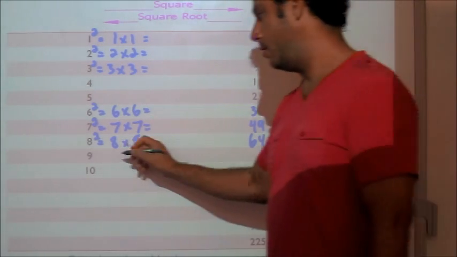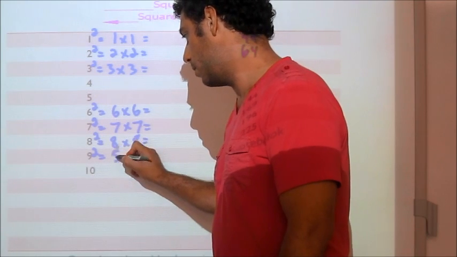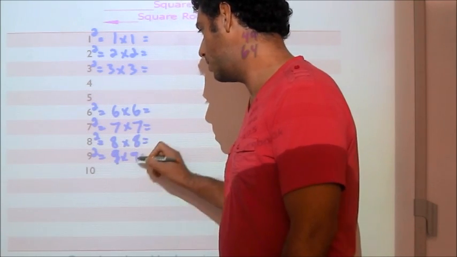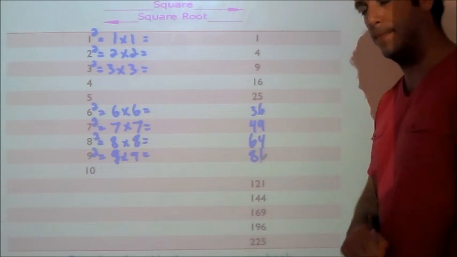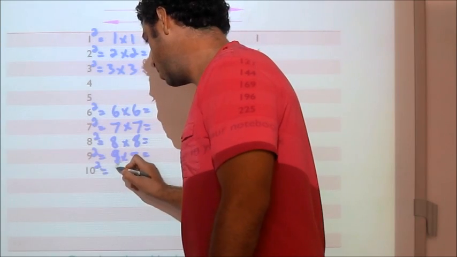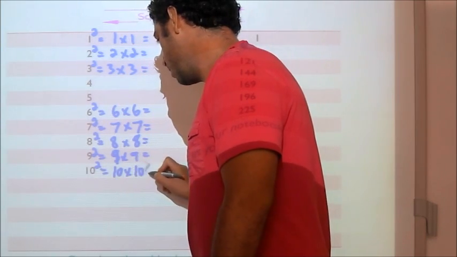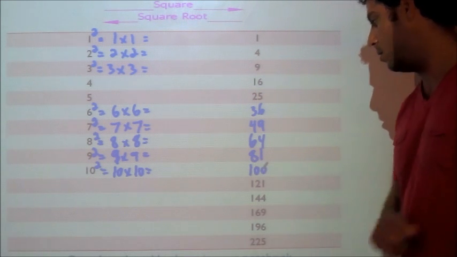How about 9? 9 times 9, which is 81. And finally 10 squared would be 10 times itself, which is 100.